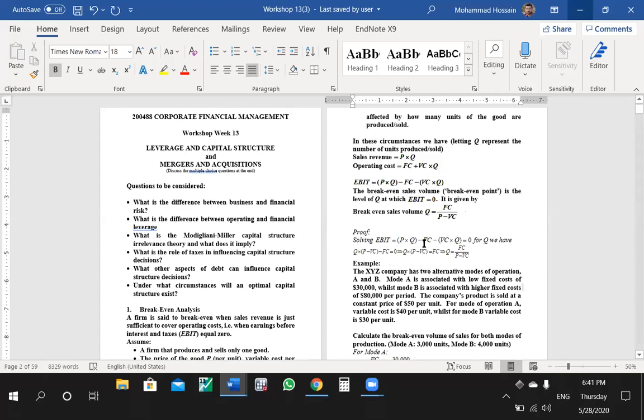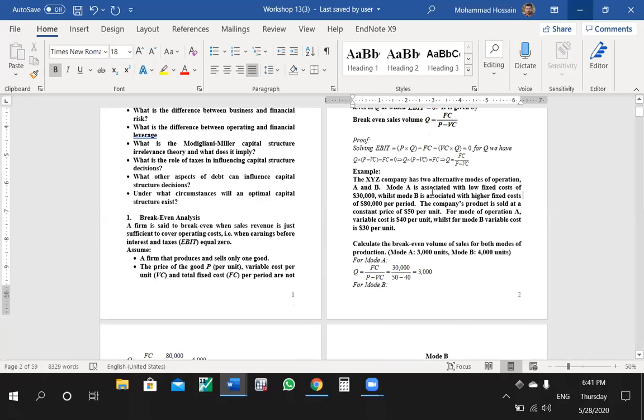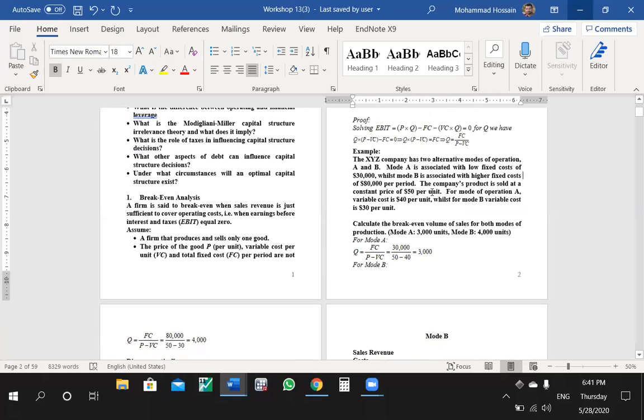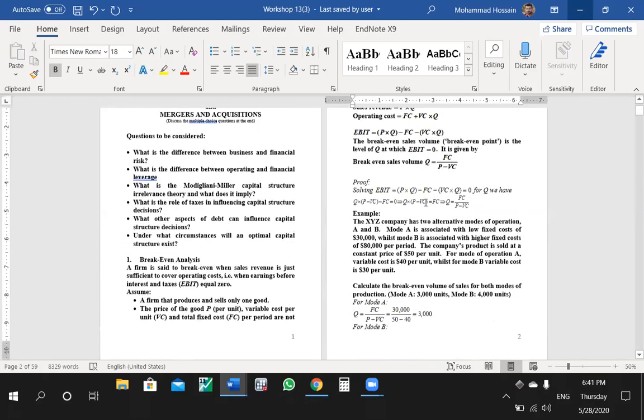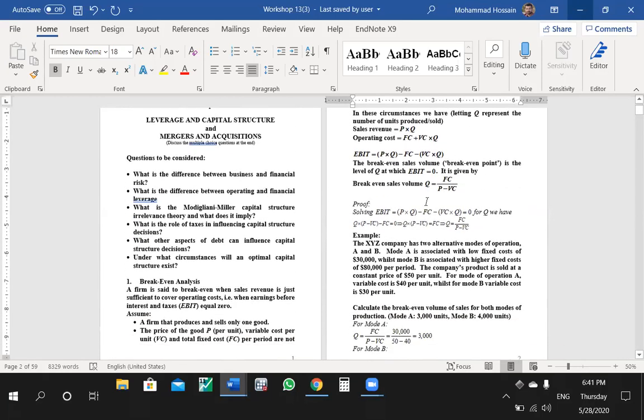Okay. Some of you must already know by this time that break-even here means there will be no profit, no loss. There will be no profit and there will be no losses. That's what break-even analysis is about. And how can it happen?